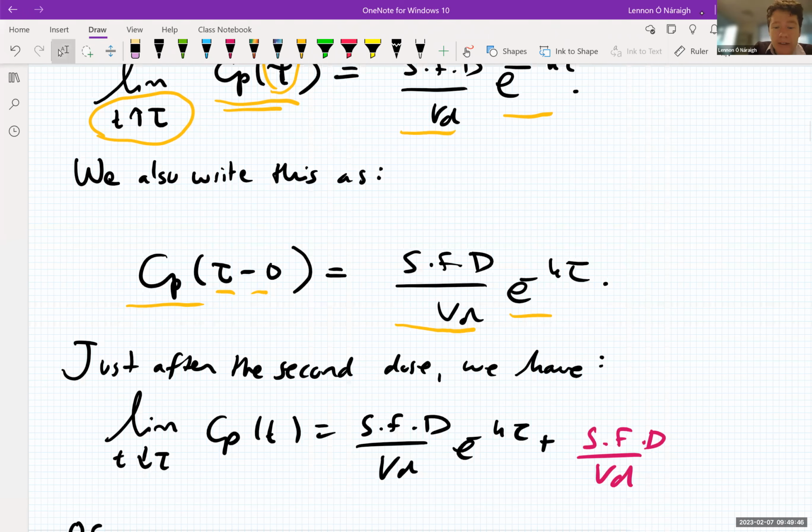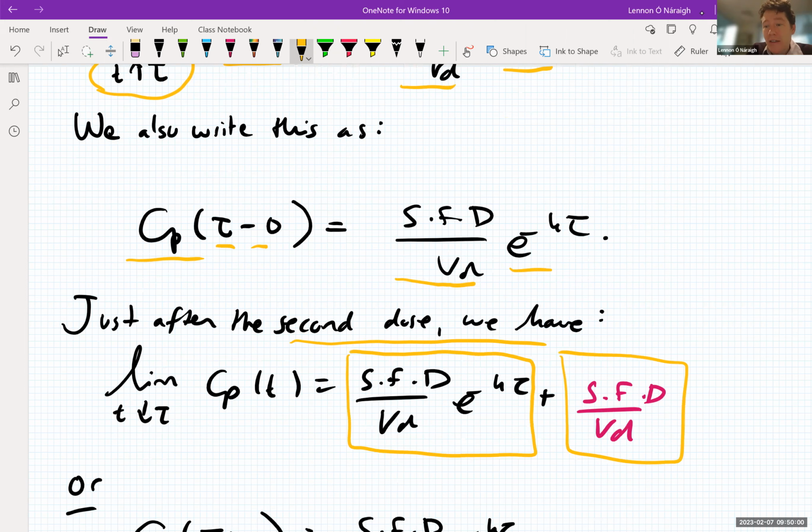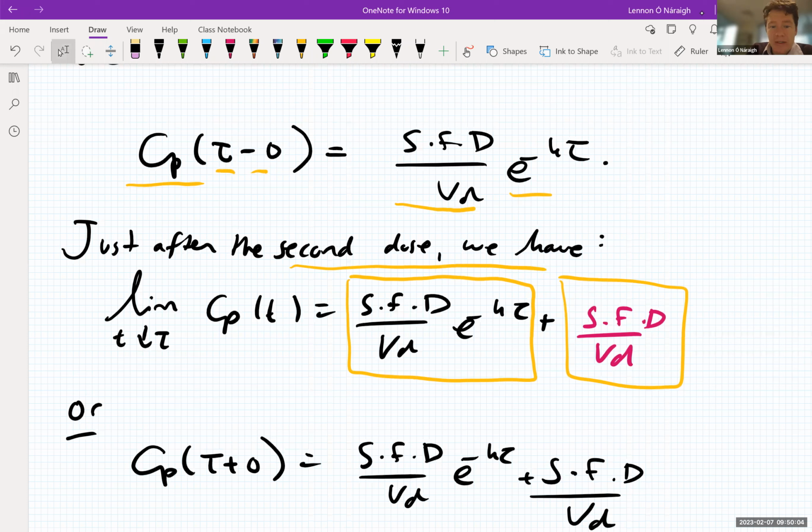And so just after the second dose, we have the amount of drug in the body plus literally the shot in the arm, the new dose administered.